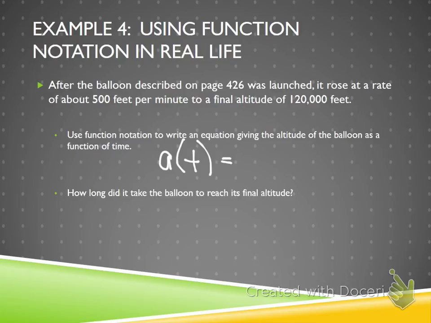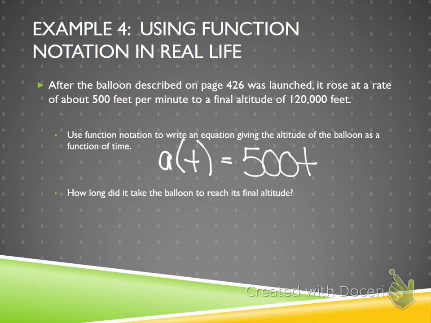So how far does it rise per minute? Well, on page 428, it says it rises at a rate of 500 feet per minute. So I do A of t, an altitude as a function of time, equals 500 feet, and I multiply that by the same value of time.